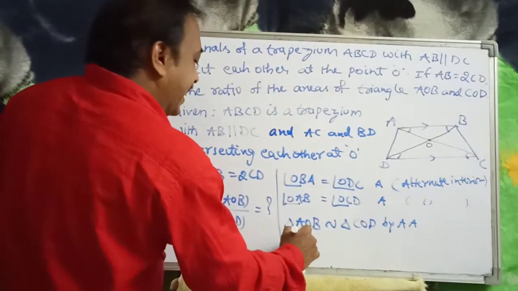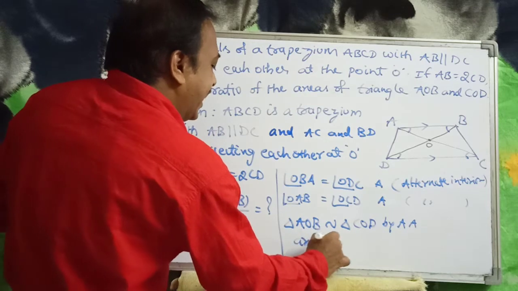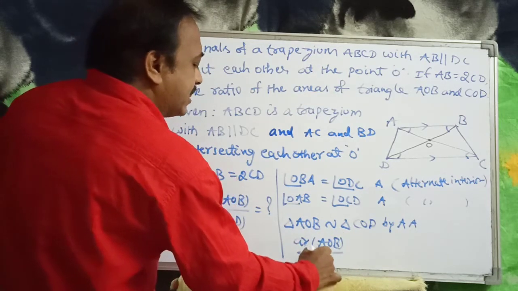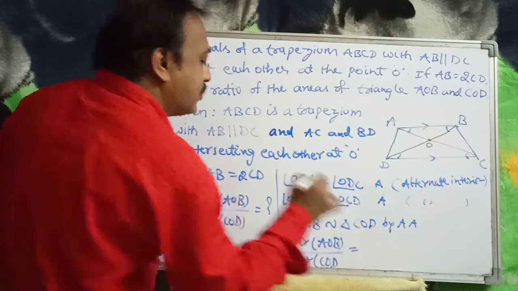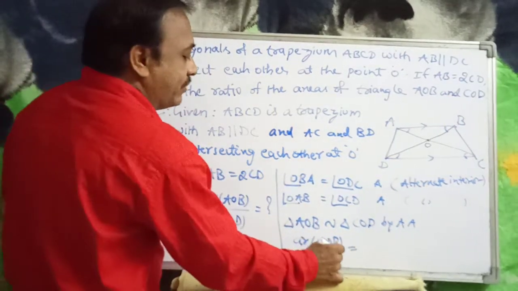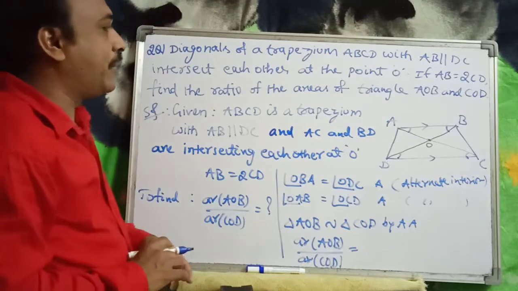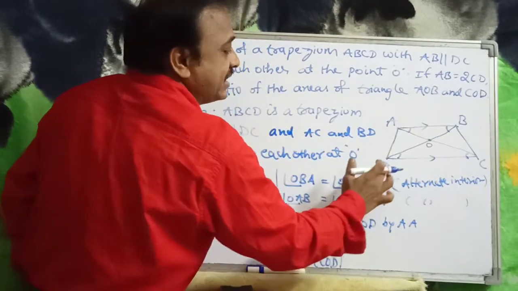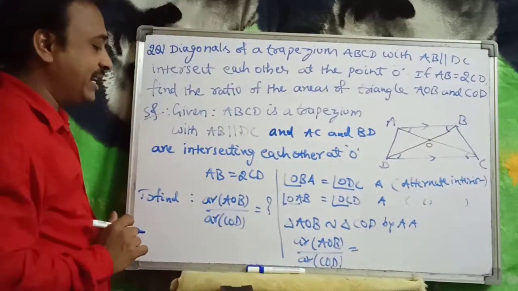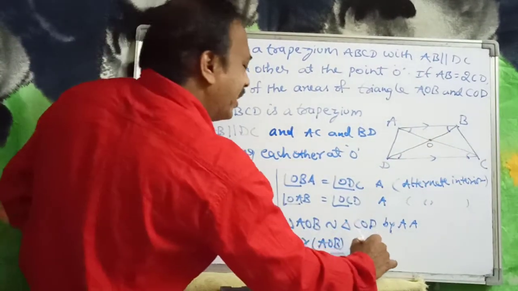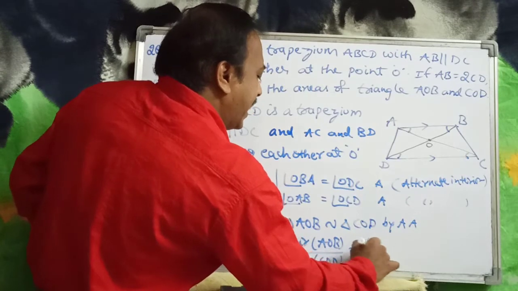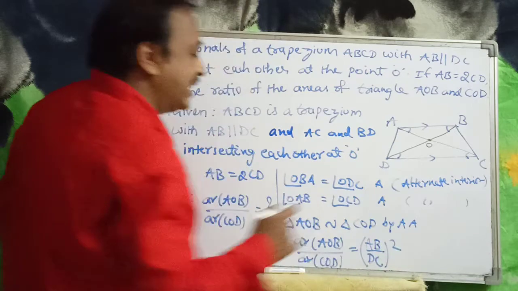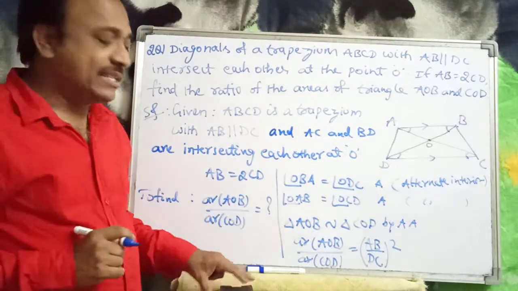So area of AOB triangle by area of triangle COD is equal to AB by DC whole square, their corresponding sides.